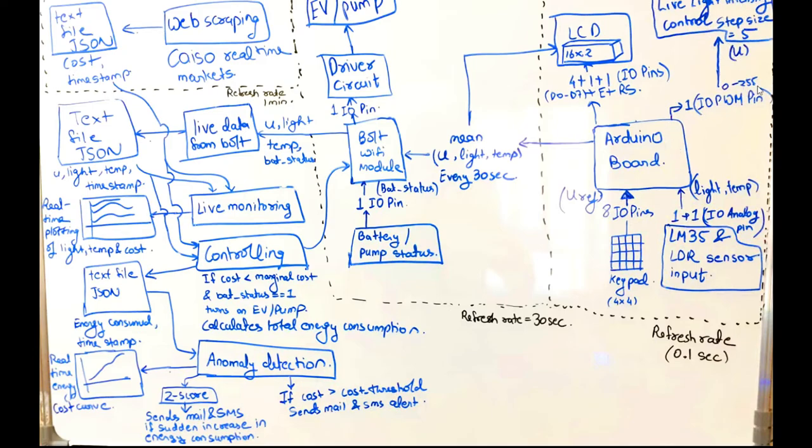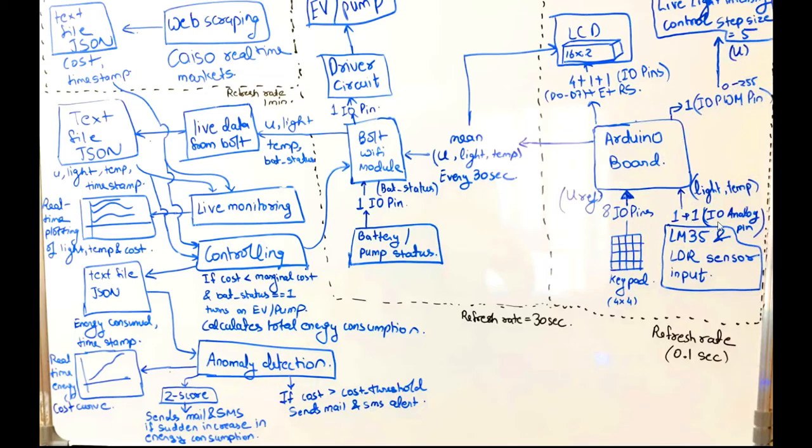So if U is 255, that means the light will be at its maximum brightness. If U is 0, then it will be switched off. It's a PWM pin, so I can control the intensity in that way.